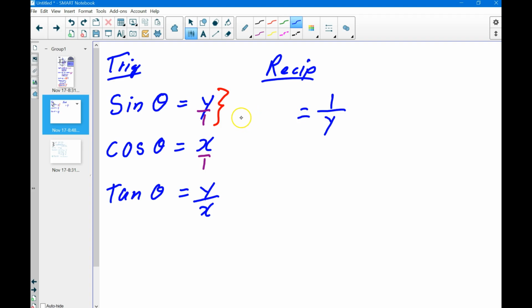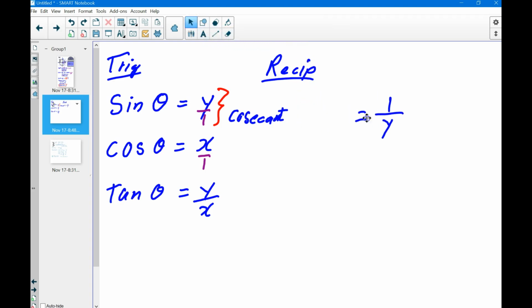They've decided to call that cosecant, and they decided to put in an abbreviation for that: CSC theta.